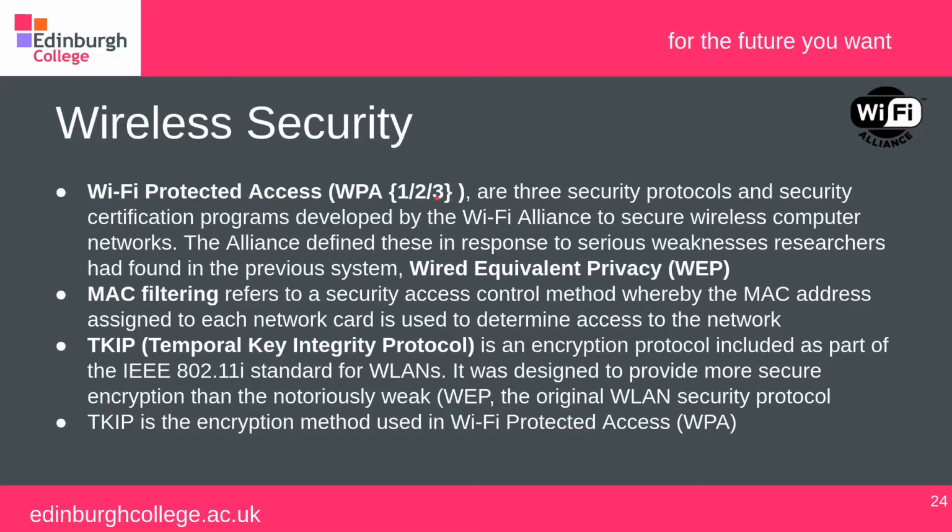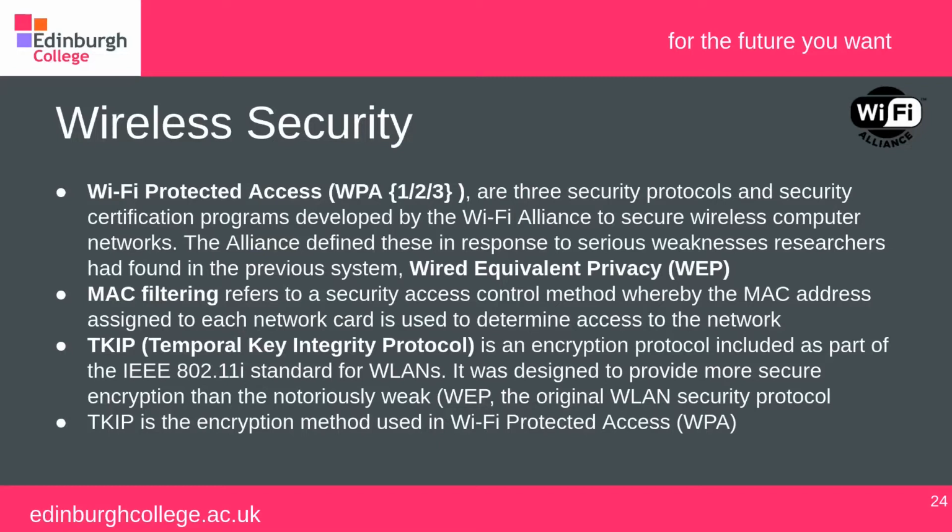So some other things that we just need to be aware of for this course. MAC address filtering is something we can do usually in the settings of a Wi-Fi router. We'll have an option to permit or deny devices based on their MAC address.